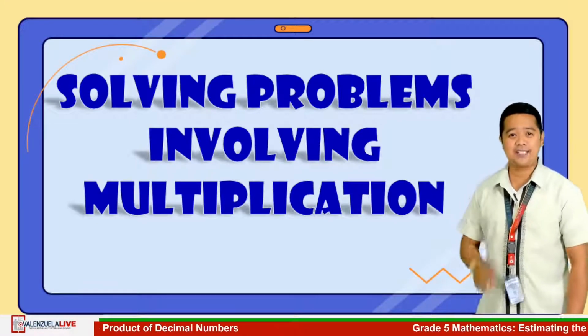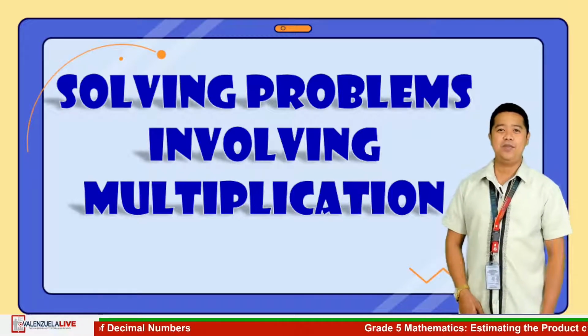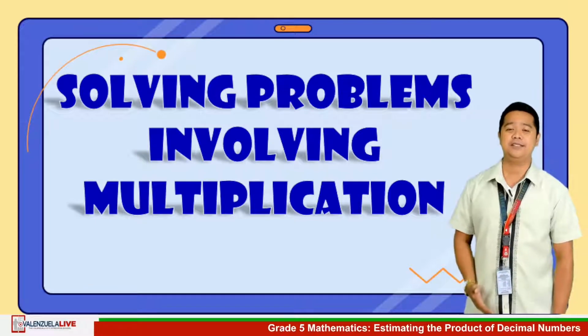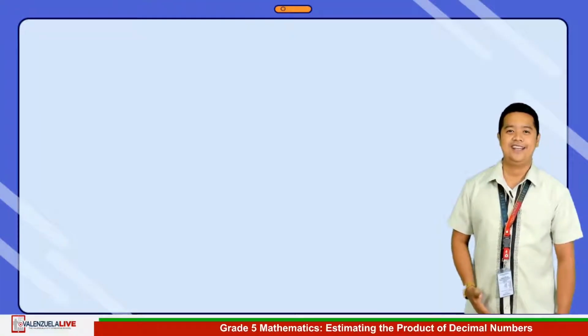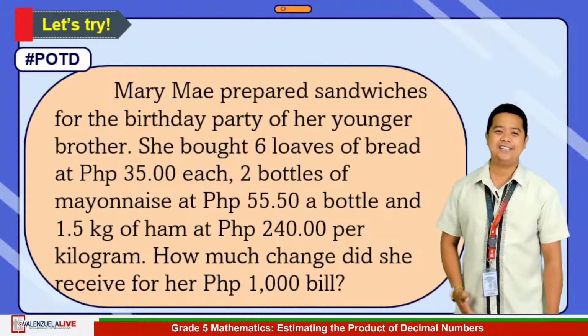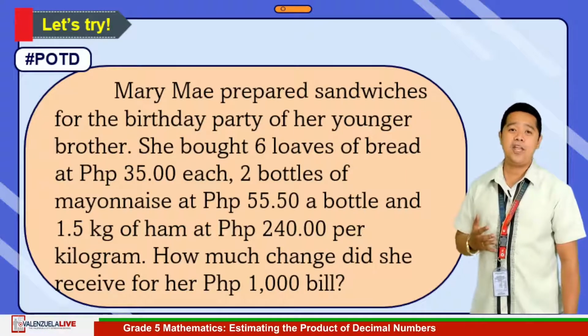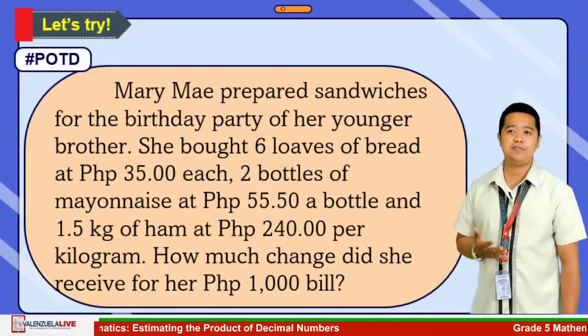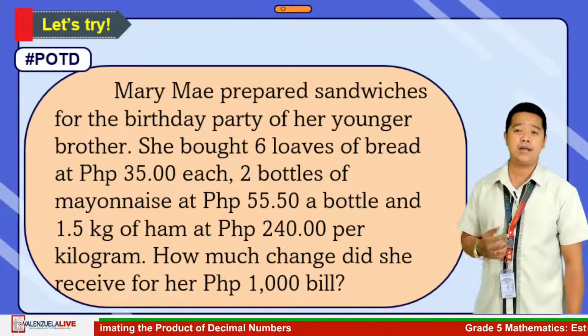And for our second lesson, grade 5, which is solving problems involving multiplication of decimals. Okay, let us try. For our POTD number 2, Mary May prepared sandwiches for birthday party of her younger brother.